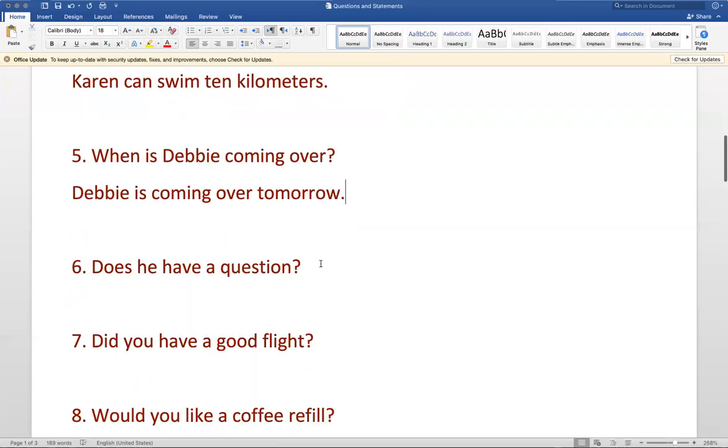Now here, the question is, does he have a question? What happened is we had to add, to make this into a question, the word does had to be added. And because it's the first word, we have two words that go for the verb. We have does and have. And the first word in the verb has the S because it's a third person singular.